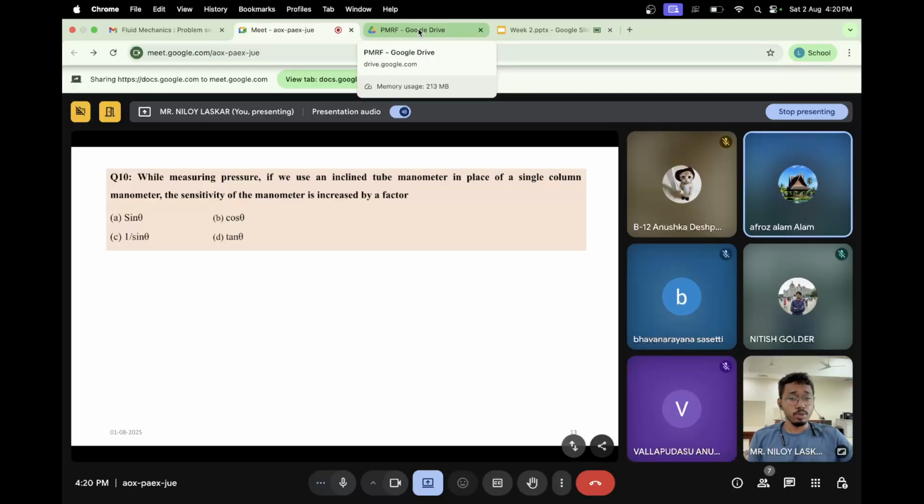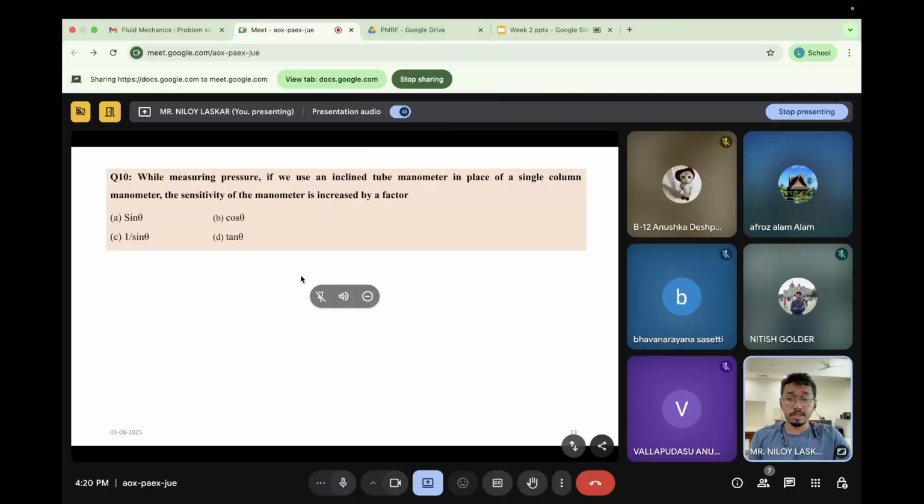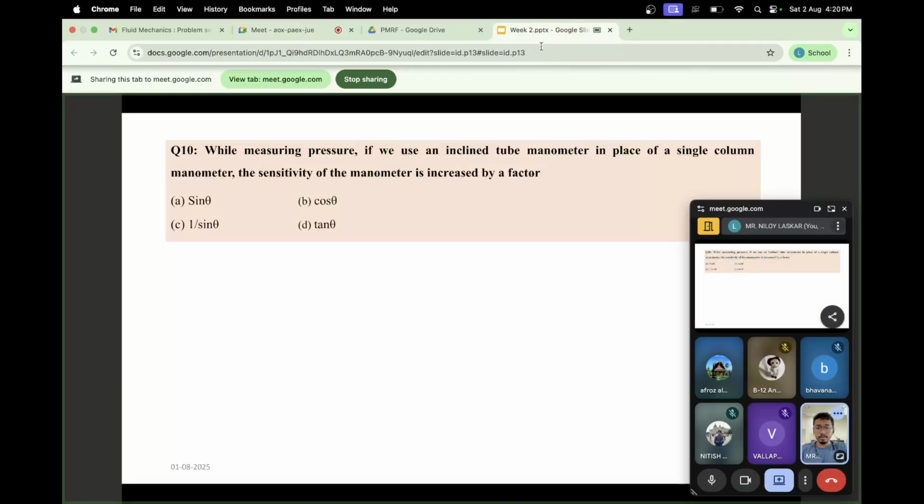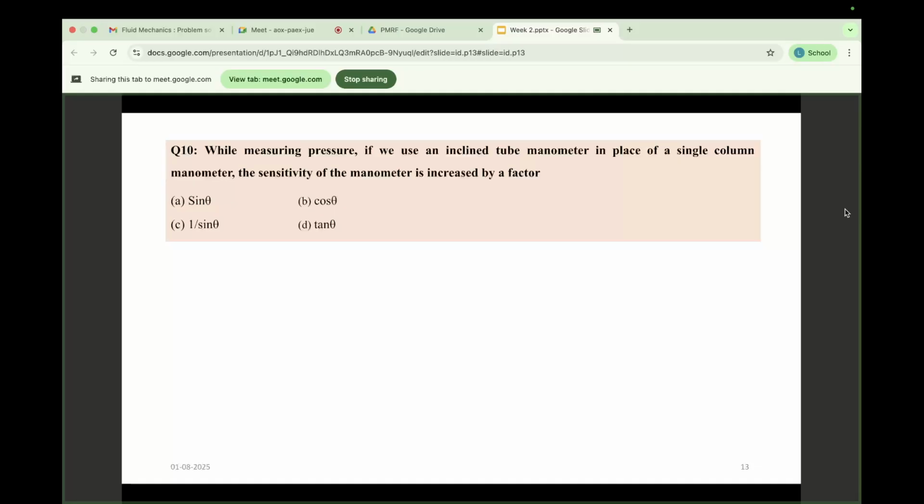Okay. So basically it's a measurement of the pressure. What a manometer does is that it measures the pressure in terms of the difference between 2 points. I am just giving you an example, this concept.